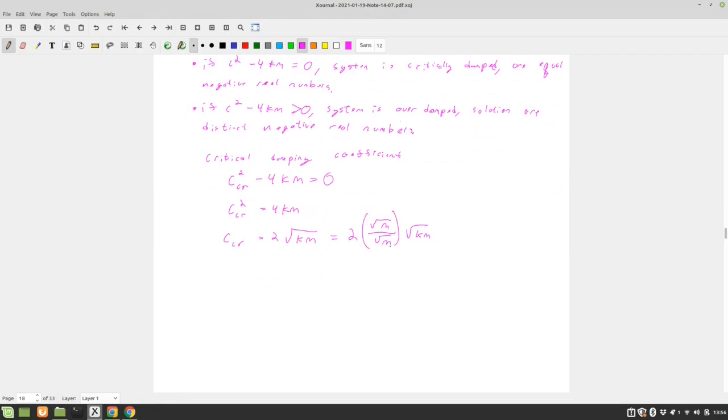Does that make sense? Just added a 1 in there. And we can break that out, and that becomes 2m omega_n. Pretty cool. So the middle one's not important, but this one and this one are important. So I'm going to go ahead and box those.